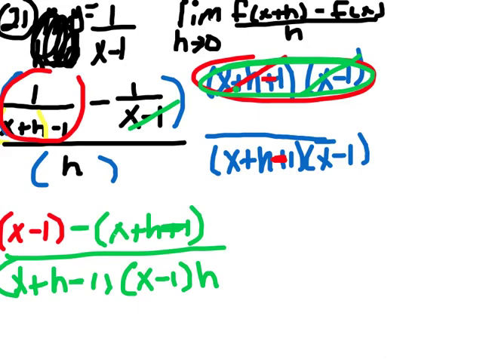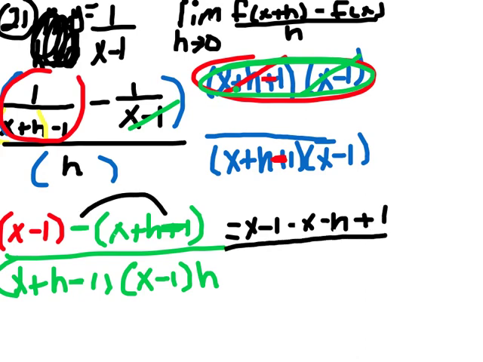So let's distribute on the top and see what we've got going on here. That's x minus 1 minus x minus h. Now it will be a plus 1 because I'm subtracting a minus 1, over all that mess. The x's cancel out. The 1's cancel out. I have a negative h over all that mess.